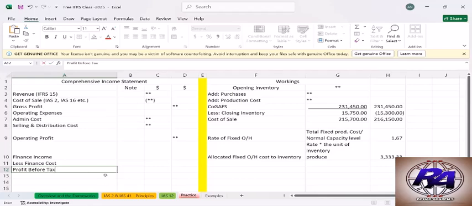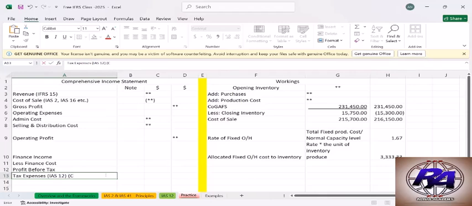Now, after you've gotten your profit before tax, the next thing you have to take care of is your tax expense. This is where you have to resort to IAS 12 to determine your tax expense for the period, right? Now, your tax expense, according to IAS 12, always comprises two things.